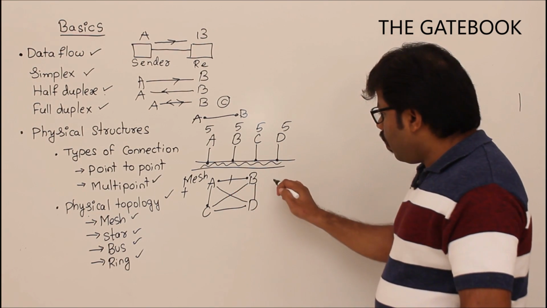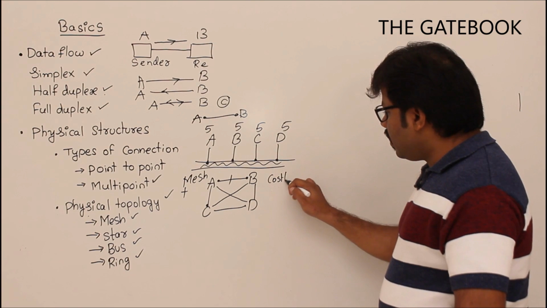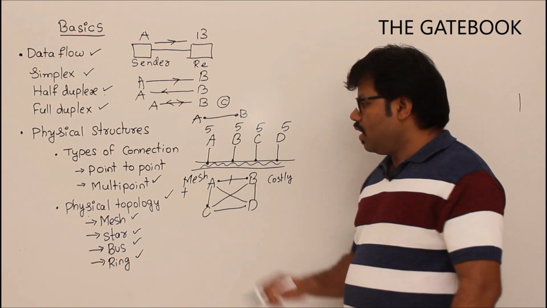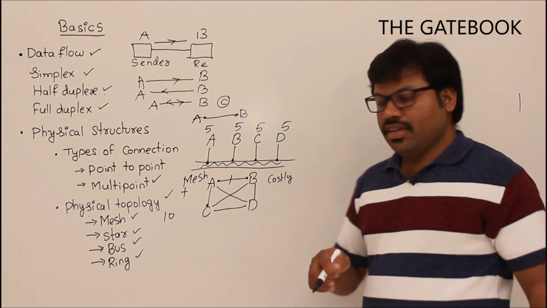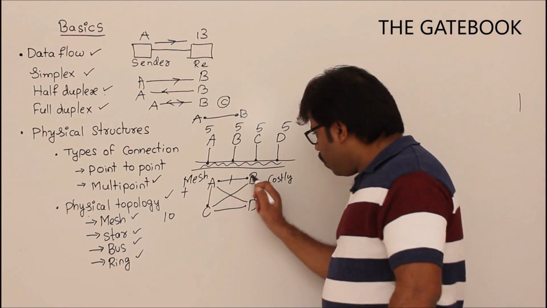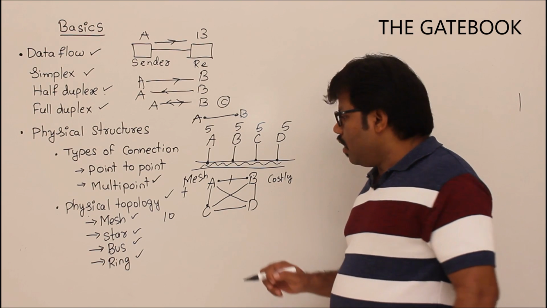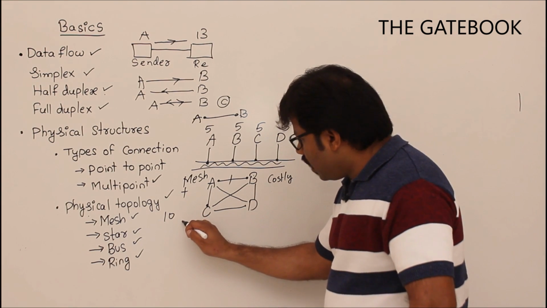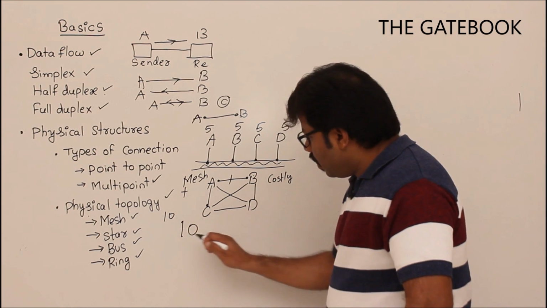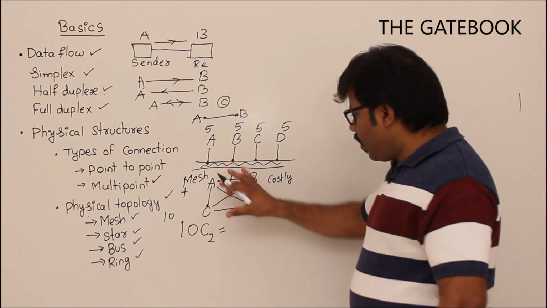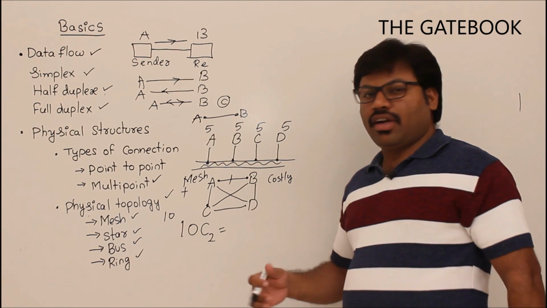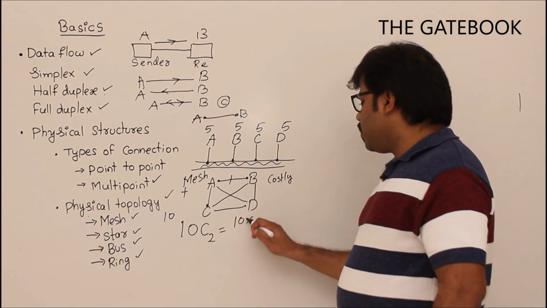Second thing, one more important thing you can see, it's costly, isn't it? See, lot of cables. If you have 10 systems, then how many connections are required? If you see, between every 2 systems there is a connection, right? So between 2, that means if you have 10 systems, then 10 C2 connections are required. In discrete math, I have explained you, this is a complete graph. The number of edges in complete graph equal to n into n minus 1 by 2, remember.